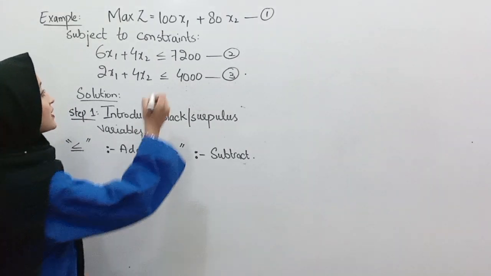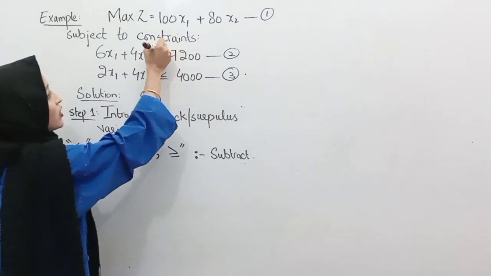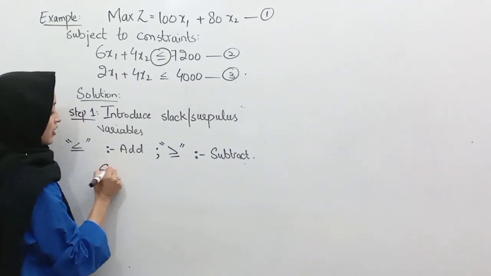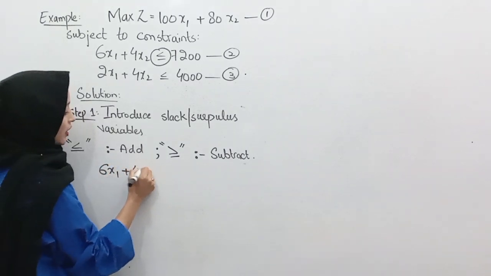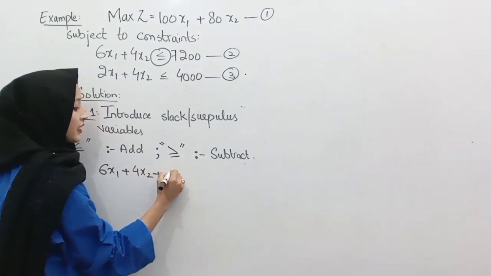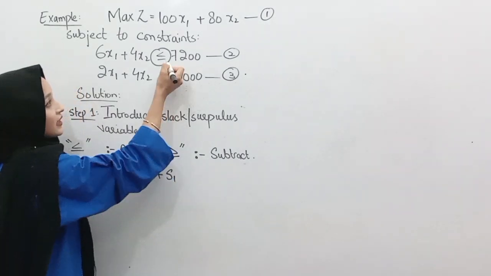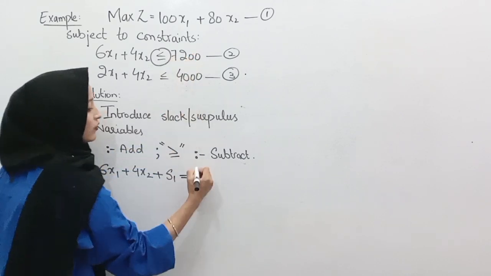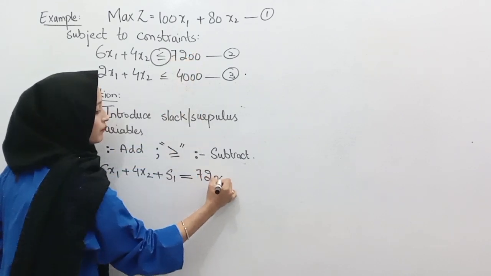As you see, there is a less than or equal to sign in equation number 2. So we add a slack variable in it and it will become 6x1 plus 4x2 plus s1. We use a plus sign here because we are adding a slack variable. This less than or equal to sign changes into an equals sign and the solution here will be 7200.